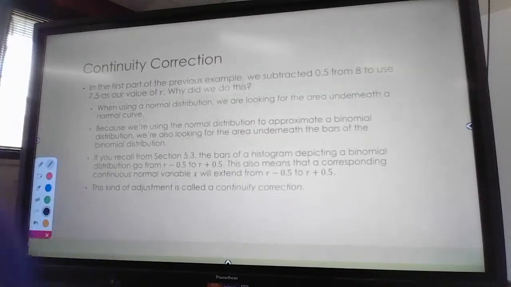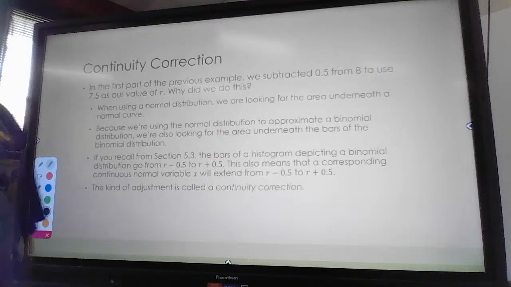Okay. In the first part of the previous example, we subtracted 0.5 from 8 to use 7.5 as our value of r. Why did we do this? Keep in mind, when we're using a normal distribution, we're looking for the area underneath a normal curve corresponding to that value. Because we're using the normal distribution to approximate a binomial distribution, we're also looking for the area underneath the bars of a binomial distribution.